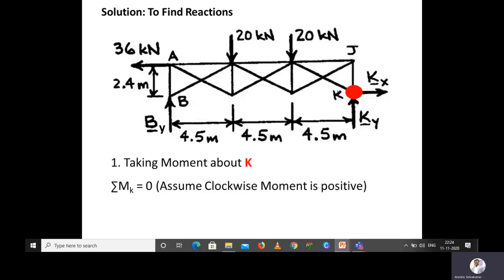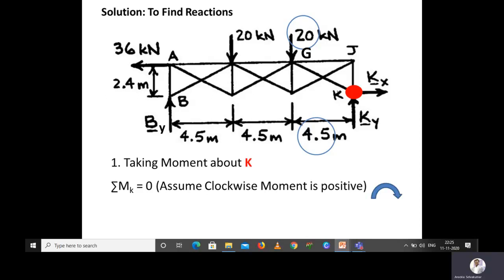As we discussed in the class, we are going to take clockwise moment as positive with respect to point K. At point G, we have 20 kilonewton. The perpendicular distance from the K point is 4.5 meter.